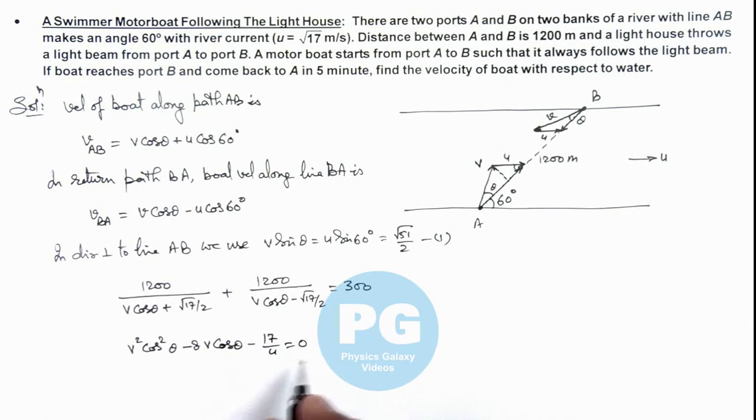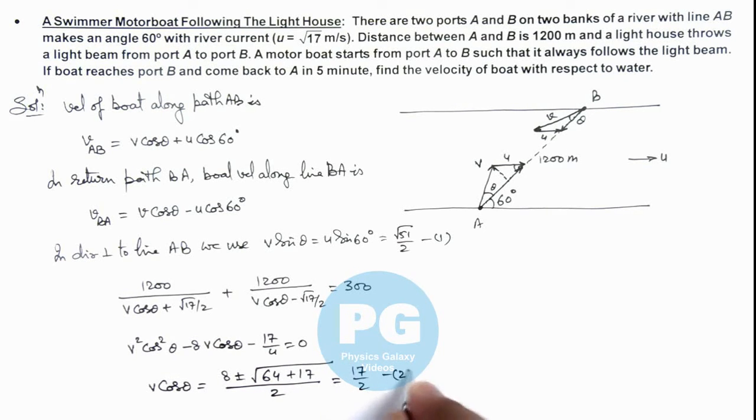If we solve it for V cos theta, we get V cos theta equals 8 plus or minus root of 64 plus 17, divided by 2. The 64 plus 17 is 81, and the root of 81 is 9. We can eliminate the negative sign because V cos theta cannot be negative. So it will be 17 by 2. Take this as our equation 2.